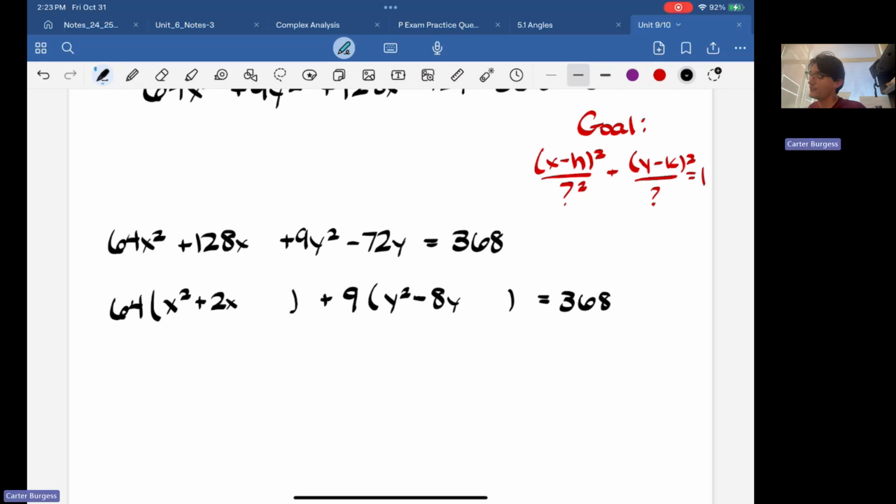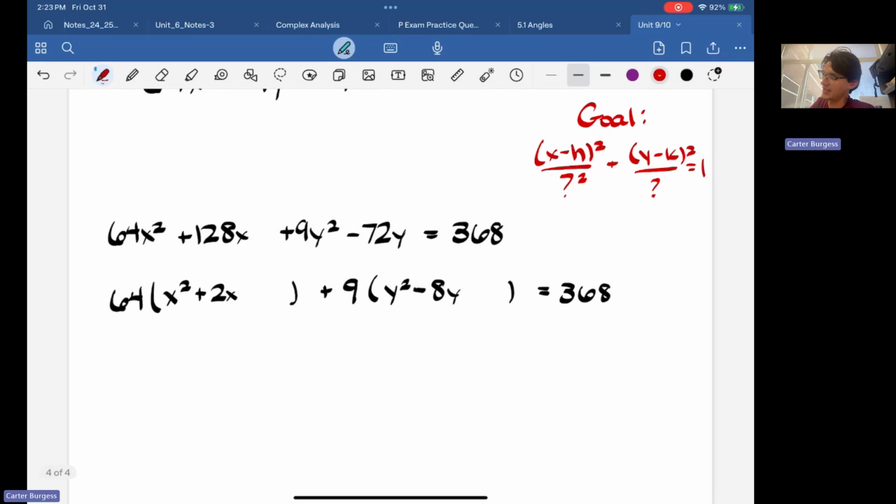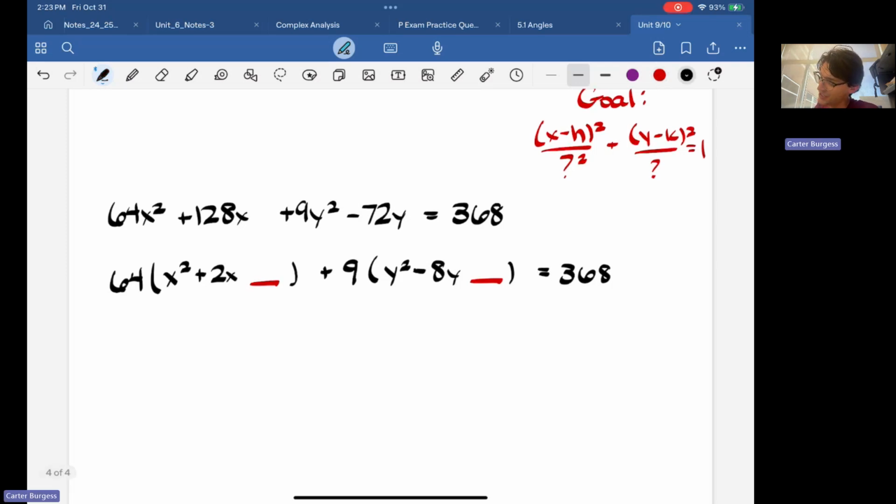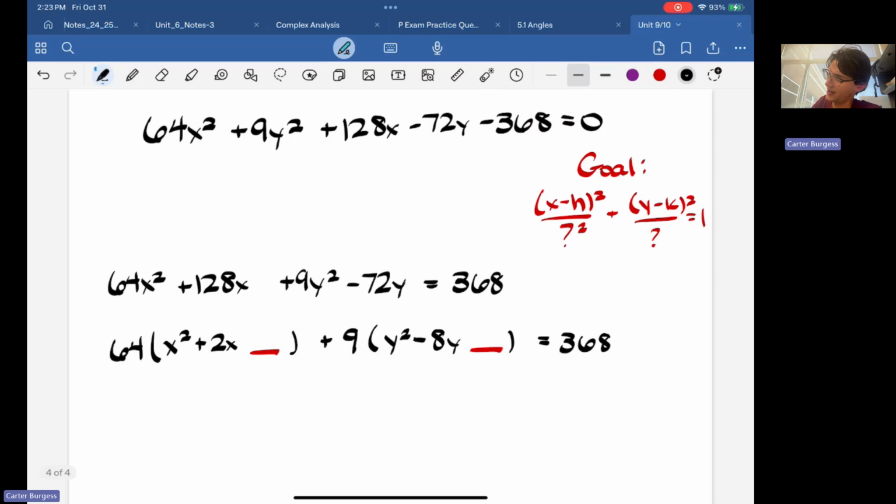Now, the way that we can figure out what this something should be, we're essentially just missing a something here. What is it that we need here? This is the completing part of completing the square. To look at that, I'm going to take a look at these actually multiplied out, this x minus h, this y minus k. If I do x minus h squared, I get x squared minus 2hx plus h squared.